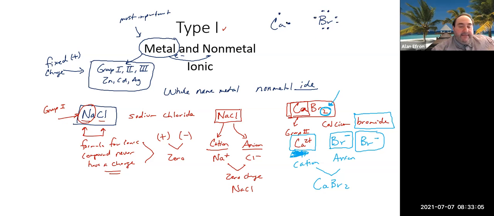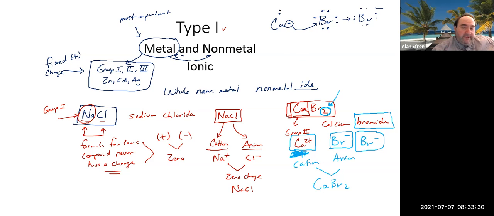So what happens is obviously calcium wants to get rid of an electron and it will go to that bromine there. But the problem with just giving up that one electron is that it fills up that first bromine, and it is totally filled. It then becomes bromine that has picked up an electron and has a -1 charge.